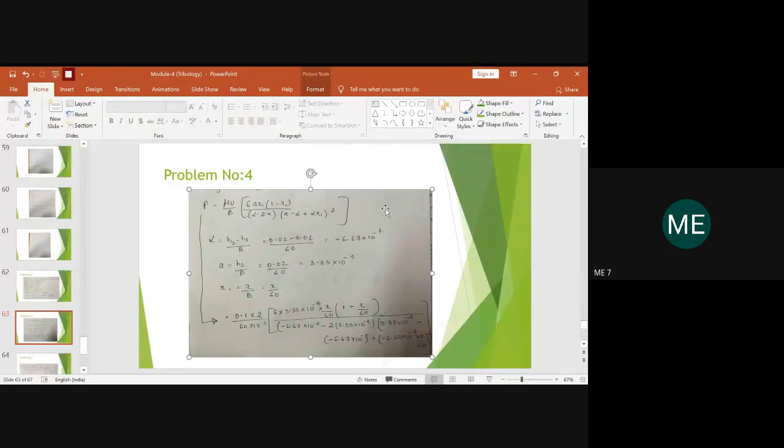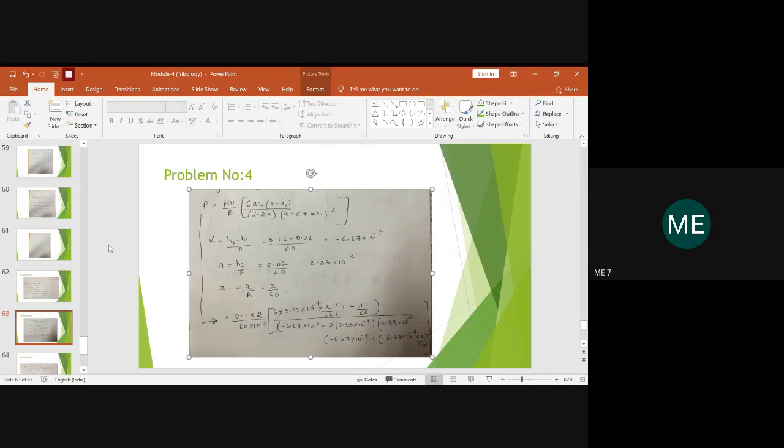Now you have to see in this pressure distribution equation whether you are aware of all the values or not. The viscosity of the lubricant is given, velocity value has been given, width of the bearing is given, right? x1 is unknown, which we have to evaluate. Even the A value is not known, and also the alpha value is not known.